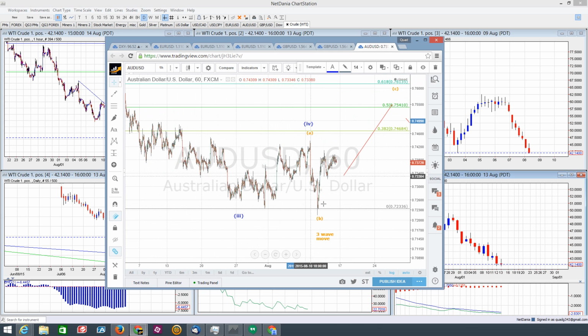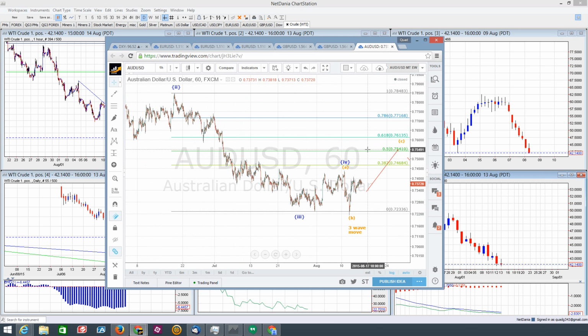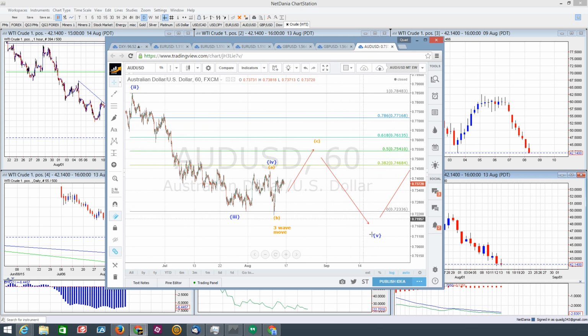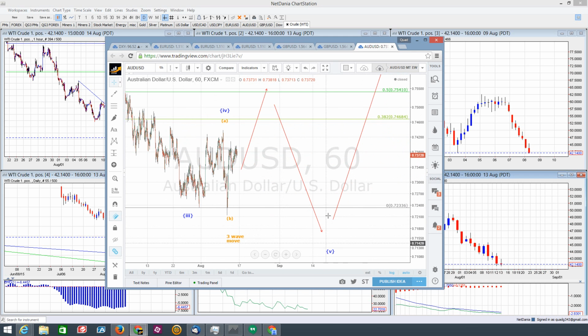So this looks like a 3-wave move to the downside with an A, and then an A, B, C, B, and then one more final C of B. So it looks like some kind of zigzag with a running flat in it. And so the result out of B should be a 5-wave move, potentially. I guess it could be 3 waves, but I prefer a 5-wave move out of here that comes up into the mid 7,500 levels for starters. Maybe all the way up here to 76. Maybe fill in some of this gap space right up here in the lower 7,600 range, and then from there another drop to follow. But that drop to follow could be a major bottom with a final fifth to the downside, and might provide a really excellent long side opportunity to come.